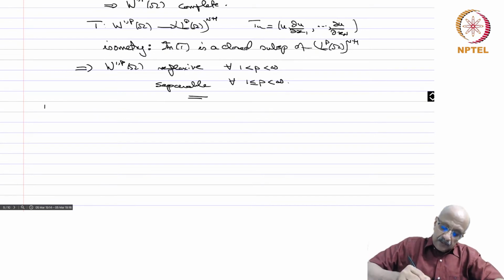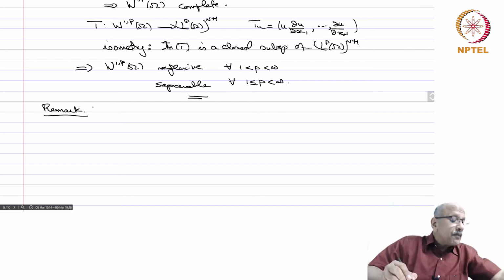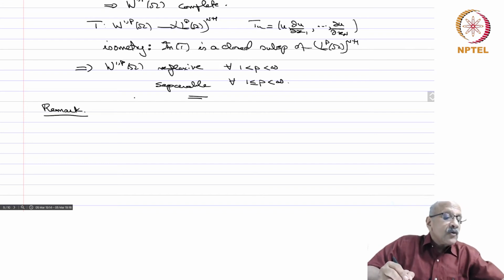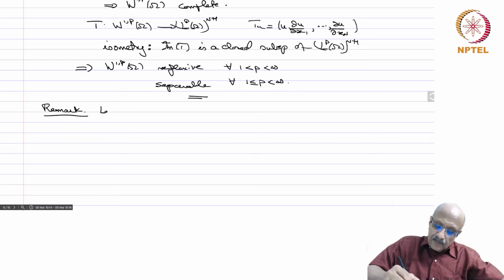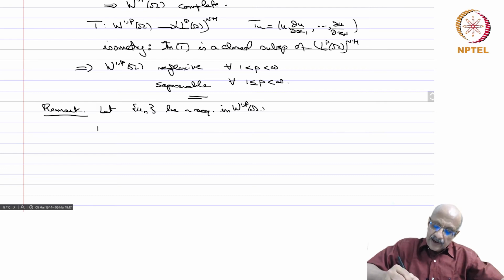So, remark. We have something useful from the proof which we have seen above. This is a very useful technique which we should remember. Okay, so let un be a sequence in W1p of omega, and let un converge to some u in Lp of omega.